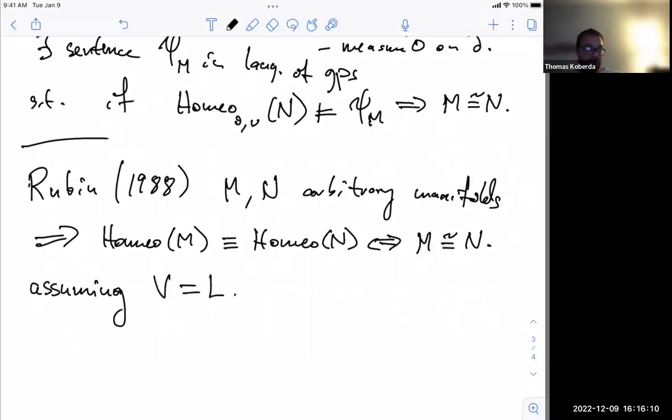Okay, so V equals L is a certain assumption about set theory that he's using. V is the cumulative hierarchy of set theory, the von Neumann universe, and L is the Gödel constructible universe, basically saying that all sets in the cumulative hierarchy are constructible. So he says that if you assume this, then you can prove for arbitrary manifolds that elementary equivalence of homeomorphism groups is equivalent to homeomorphism of the underlying manifolds.